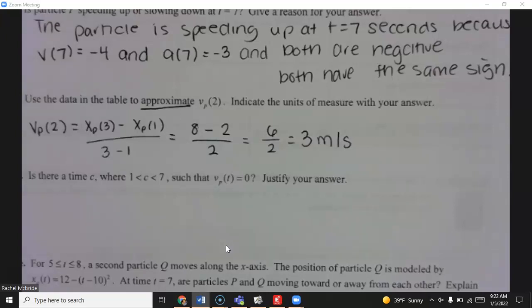The sign goes from positive to negative. It's IVT, and exactly the interval is 3 to 4. But the guarantee is IVT. We could also use 1 to 7 at that point, or 3 to 7. Exactly, because all you need is a change in sign. So, yes, by IVT.